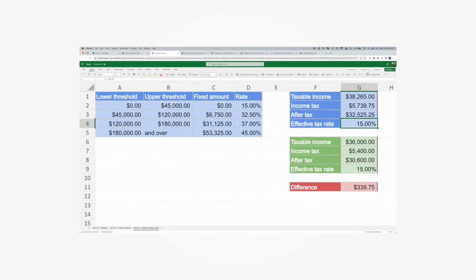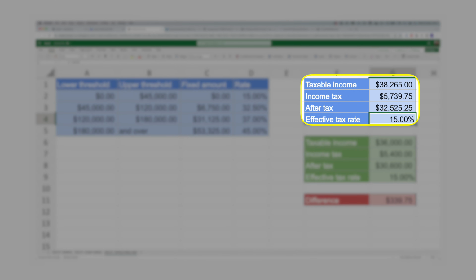So anyway, with the same example, a person who is a working holiday maker making $38,265 during the year would have an effective tax rate, of course, of 15% for a total income tax of $5,739.75. So there it is, the difference between these three different tax brackets that apply here in Australia.